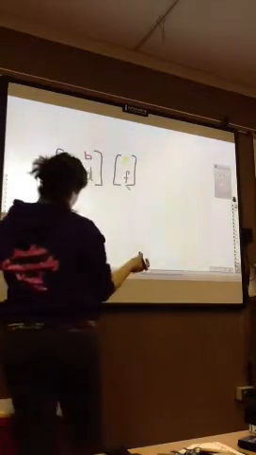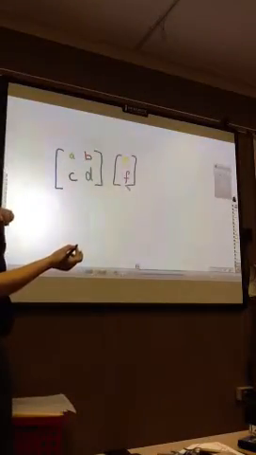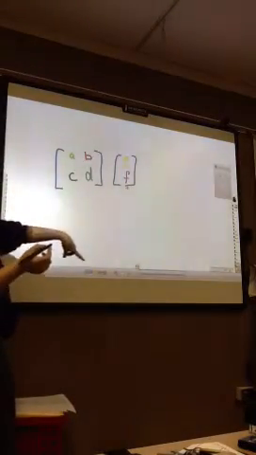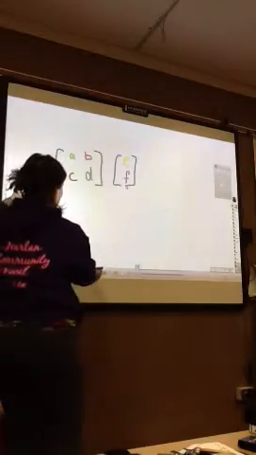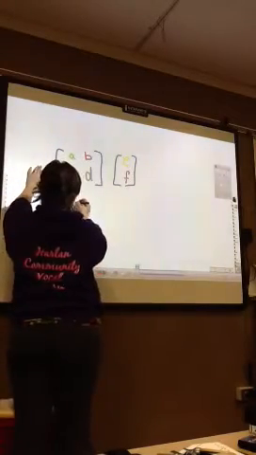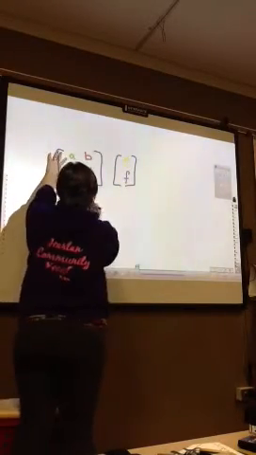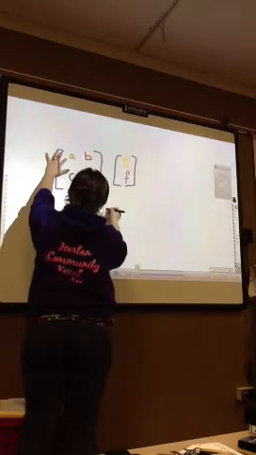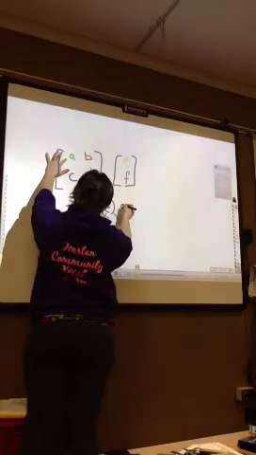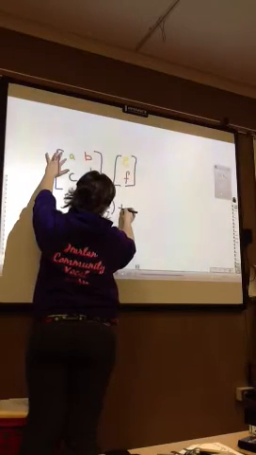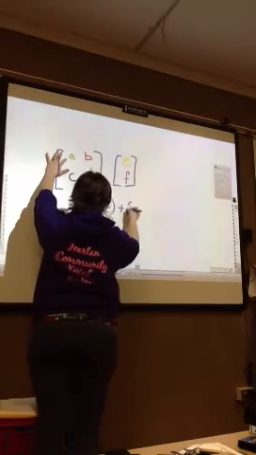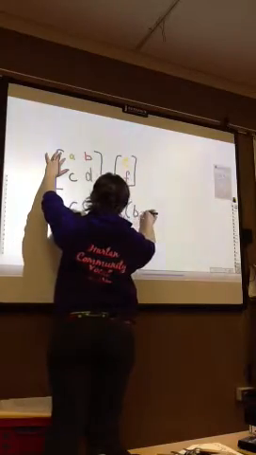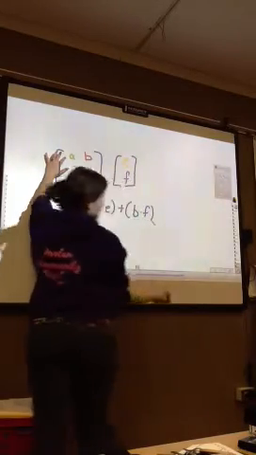Alright, now when you multiply these, you multiply by rows and then columns. So for the first answer, you will have A times E plus, or minus, this is plus B times F. Does that make sense?